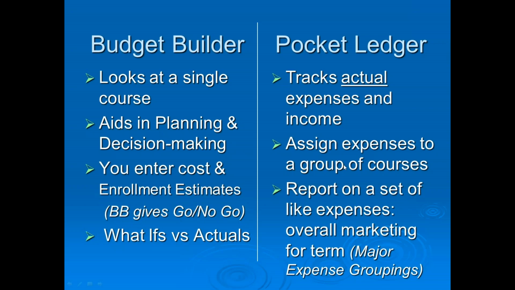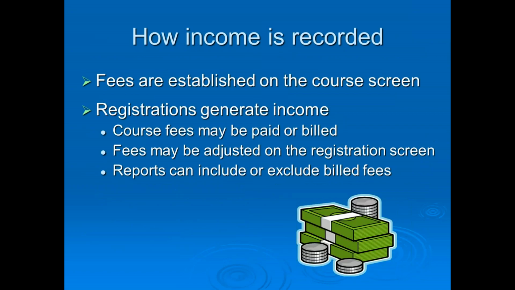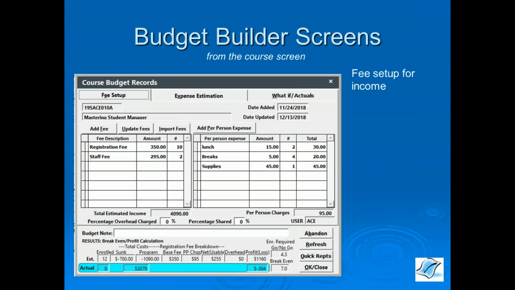If you want to know how much you are spending as a unit in the art program or in the professional development program for the different expenses, you're able to run expense reports based on program groups, which may or may not be possible within your campus system. So, let's jump right into it. Fees are covered and recorded through the registration process, whether through the web or through Student Manager.